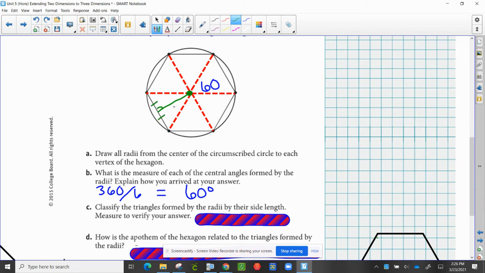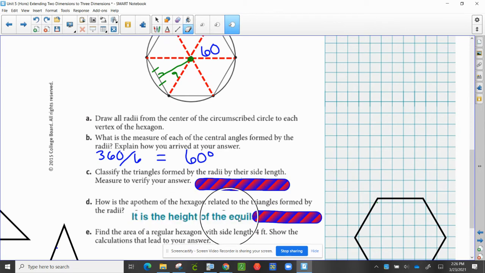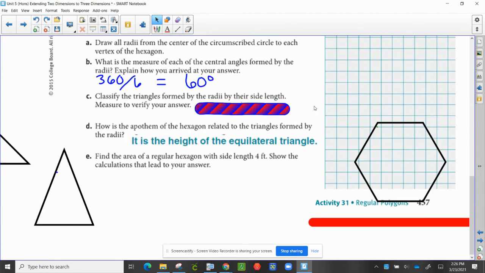So the apothem of our hexagon is also the height of our triangle. So let's look at a picture here. We can find our apothem by finding the height of our triangle.